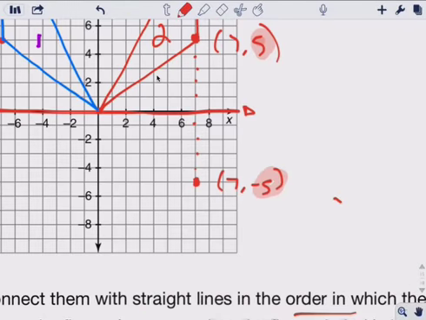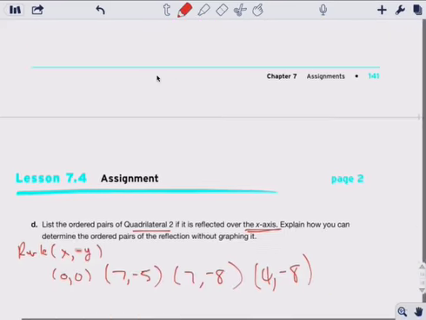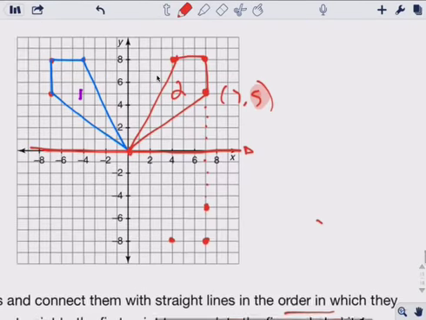Okay, 0, 0 is obviously here. 7, negative 5, right here. 7, negative 8, they don't want you to write it, but 4, 8, I believe, right, 4, negative 8, yep, that's it, right there, and go back to 0, 0. Okay, and label it 3, I believe it says.